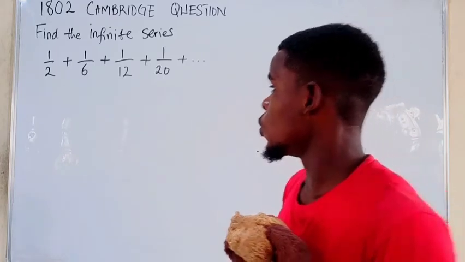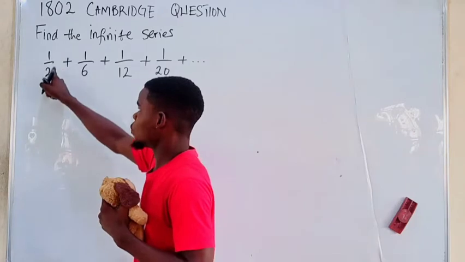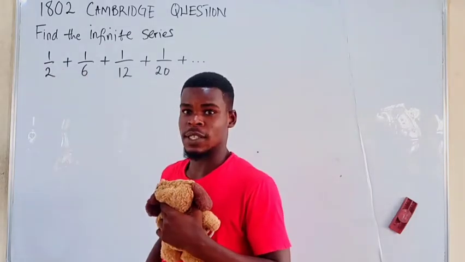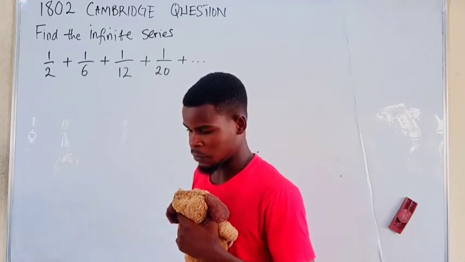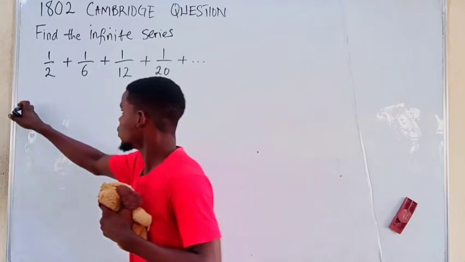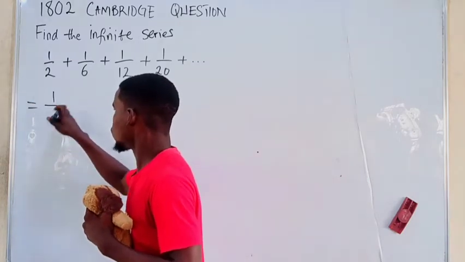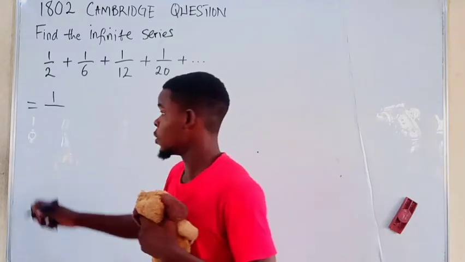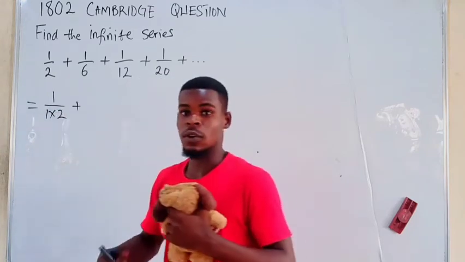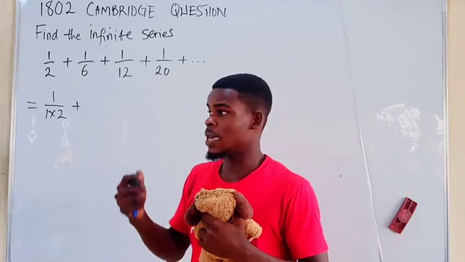Okay, so you observe here that we have 1 over 2, and then the second term is just 1 over 6. The third term is just 1 over 12. Well, I can rewrite this as 1 over 2. 2 is the same thing as 1 times 2. And then I add it with 1 over 6. 6 is the same thing as 2 times 3.